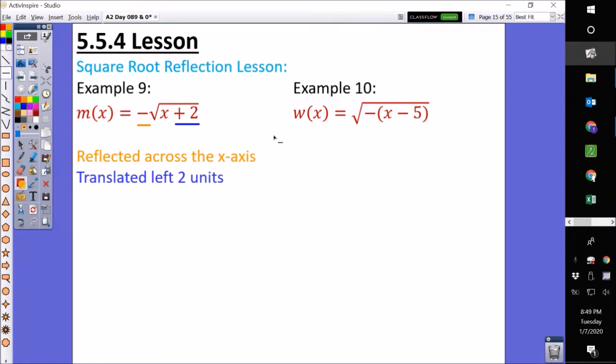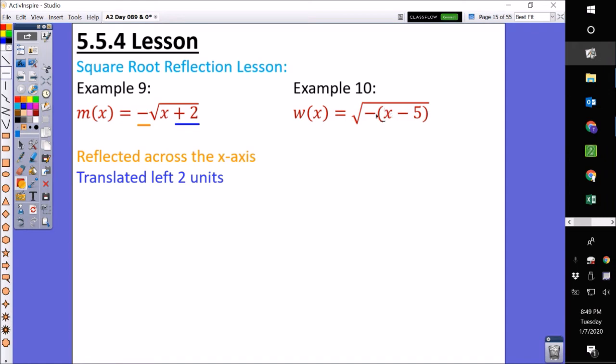Now moving on to example 10, we have w of x equals the square root of negative x minus 5. Here you can clearly see that the negative sign is inside the square root and in front of x. So this one will be reflected across the y-axis. And again, since we have a number with the x that's behind x, we want to keep the minus 5 intact.